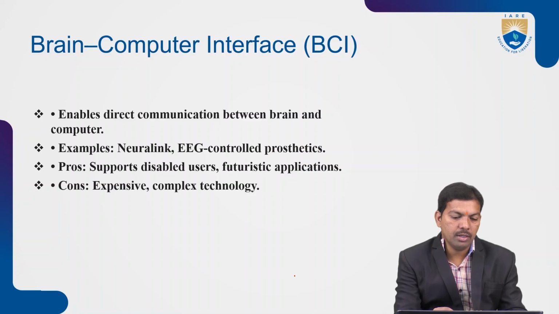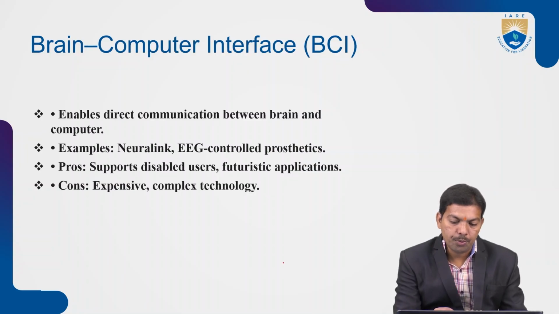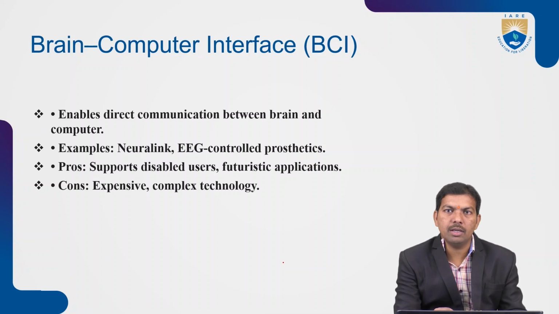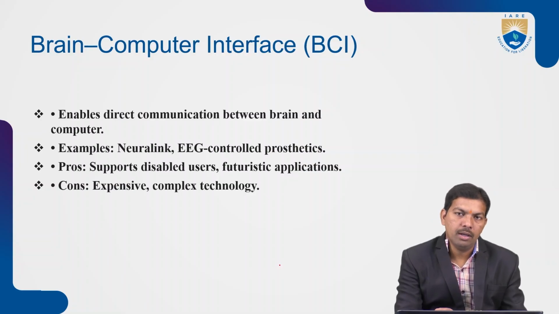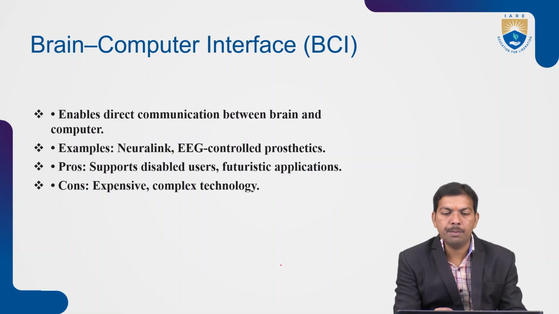Here, Neuralink and EEG-controlled prosthetics. There is a link between our neurons and the nervous system in the brain, or we use EEG-controlled prosthetics. It is the tool used for direct interaction. Neuralink and EEG systems identify our signals in the brain.